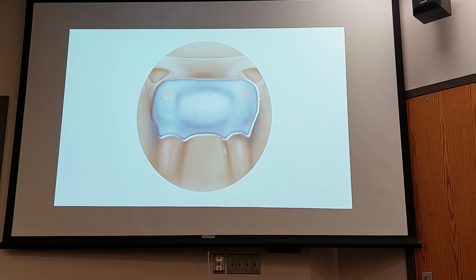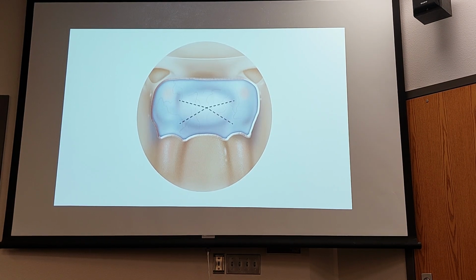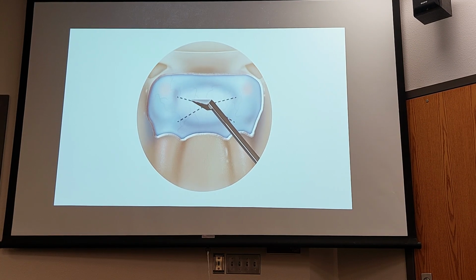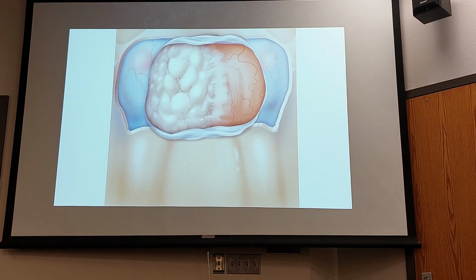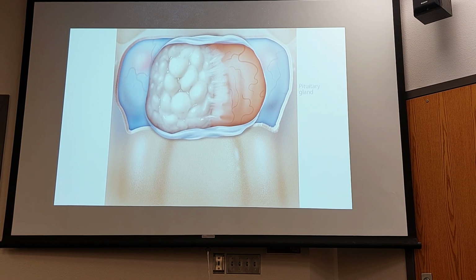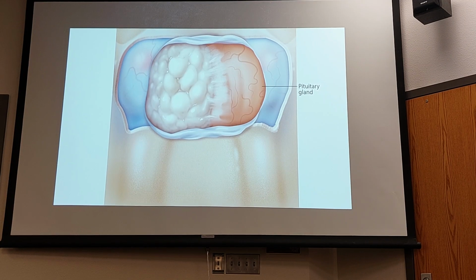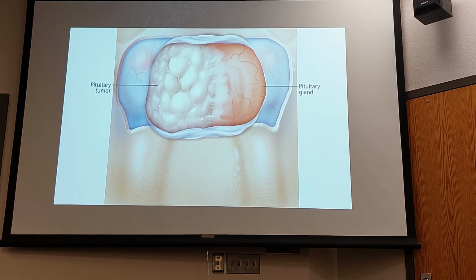After the dura has been widely exposed, we perform our cruciate dural opening. We use micro scissors to open the dura in a cruciate fashion up to the level of the medial wall of the cavernous sinus. After widely opening the dura, we start identifying the difference between the pituitary gland, which looks well vascularized and more orange-like, from the pituitary tumor, which is less vascularized and more whitish or pale in appearance.